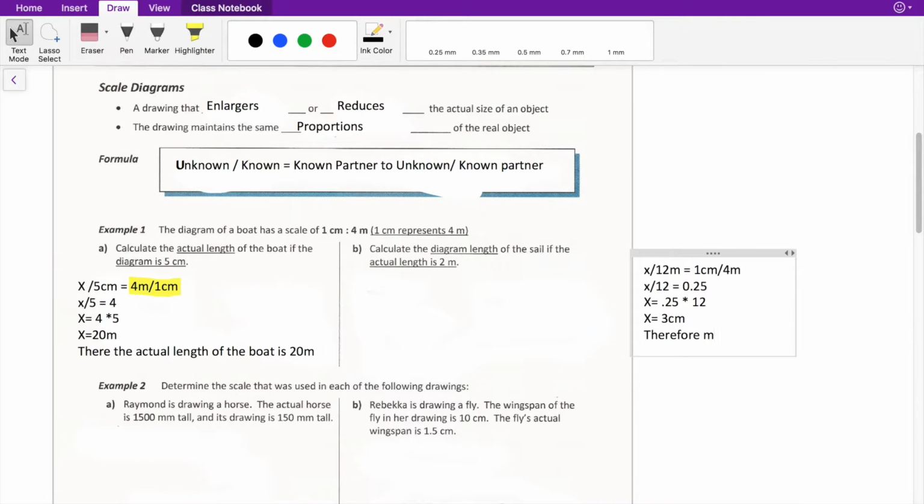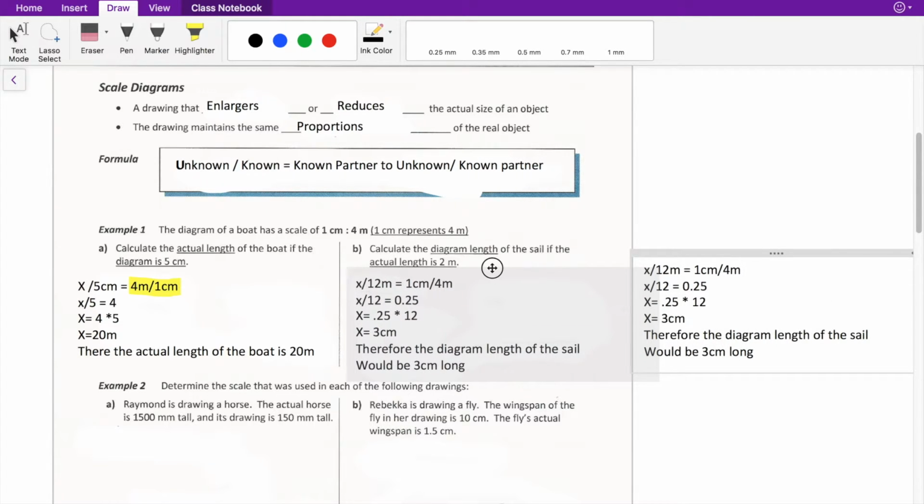Therefore, the diagram of a sailboat is 3 centimeters long. Okay. So there's my answer right there.